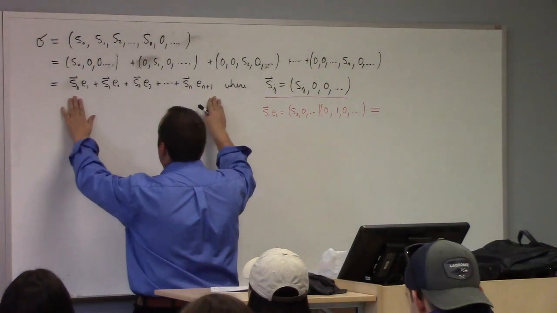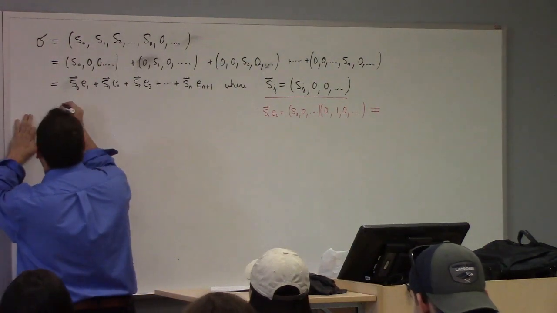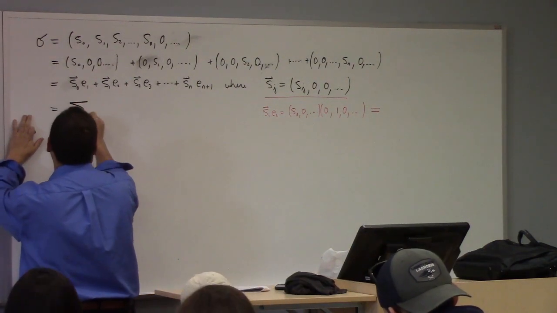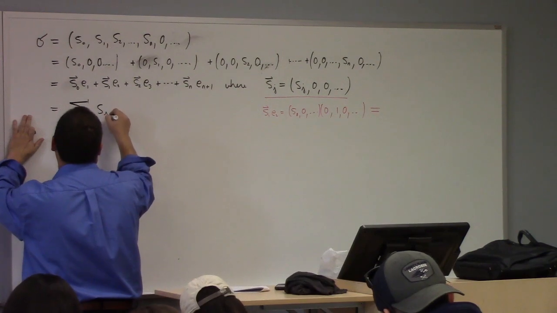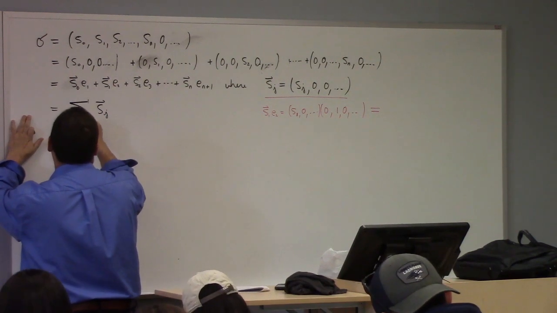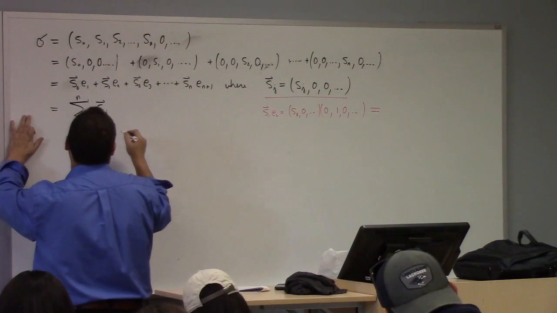This is an identity, and so what we have is the sum of S sub j vector, j equals 0 to n, and what have we got?